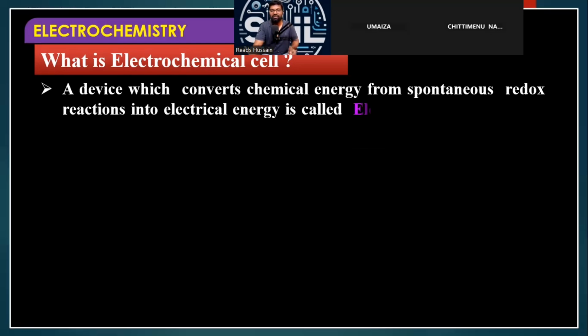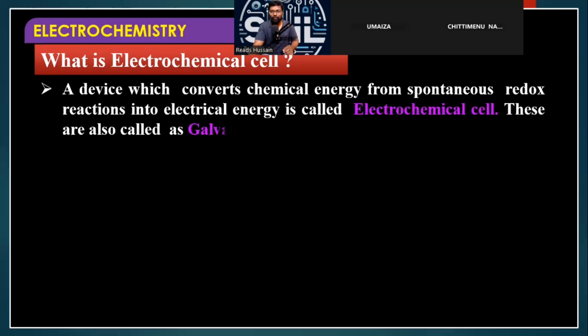A device which converts chemical energy from spontaneous redox reactions into electrical energy is called an electrochemical cell. Just for simplicity, I changed the definition like this: it is a device which converts chemical energy into electrical energy. That's all, remember up to this.